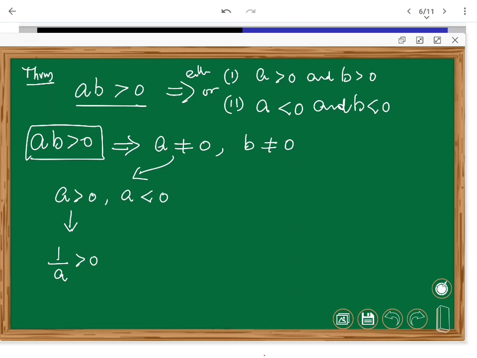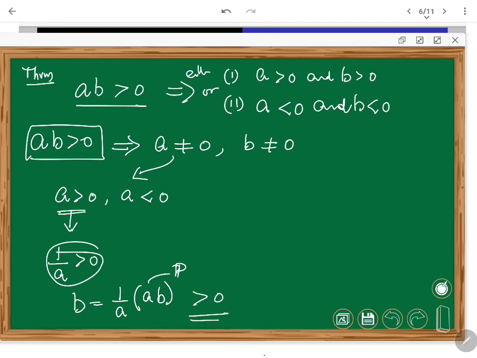So 1 by A is greater than 0, and there is an easy way of writing down B using this 1 by A. If I multiply 1 by A on AB, this is simply B. But I know that AB is positive, and 1 by A is also positive, so B should be positive. So once A is greater than 0, my conclusion says that B also should be positive.